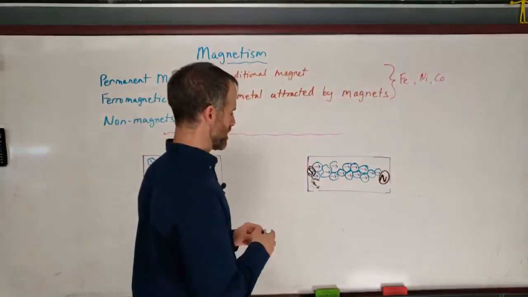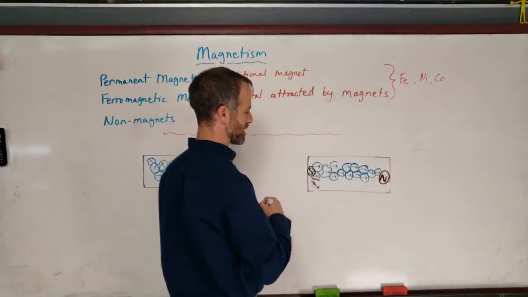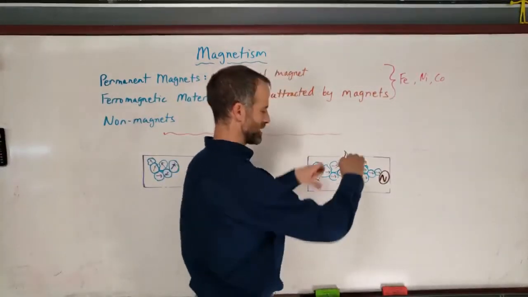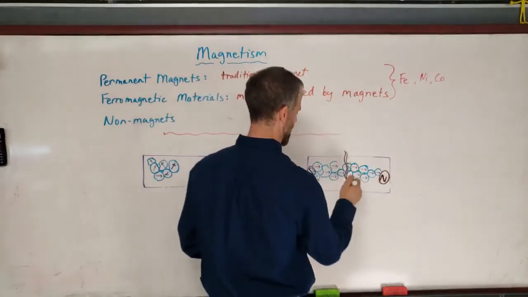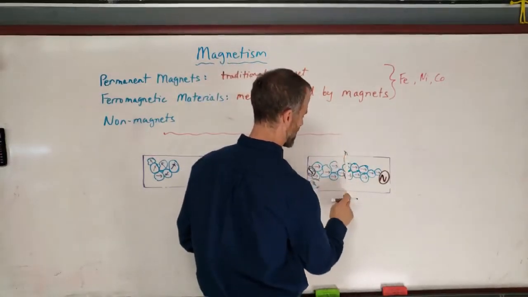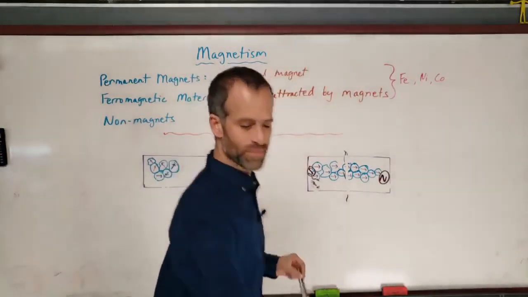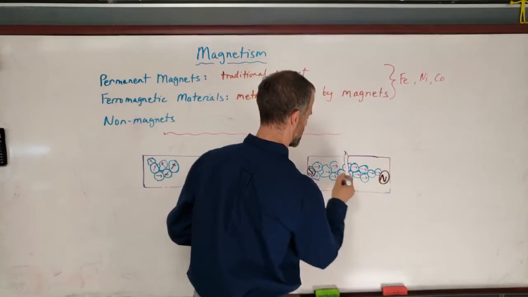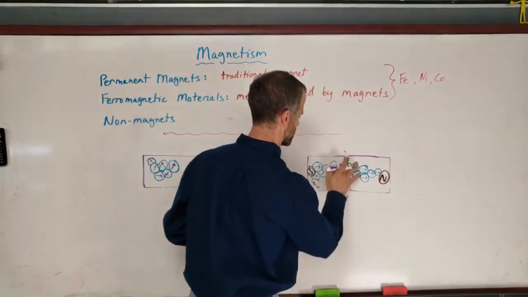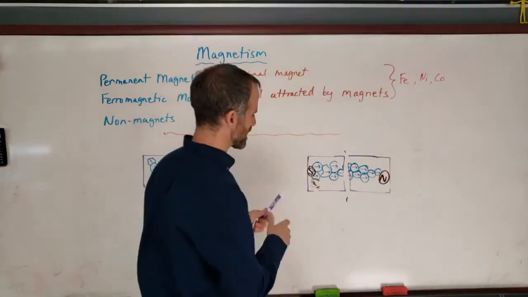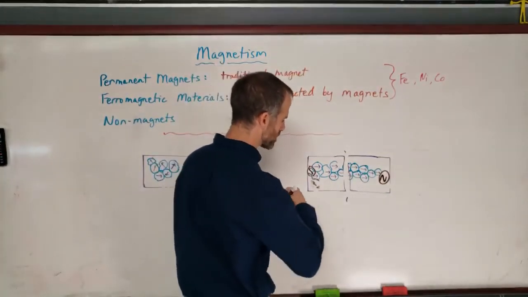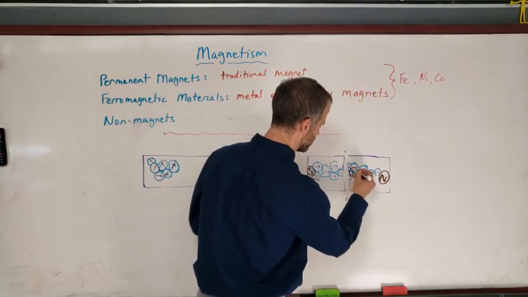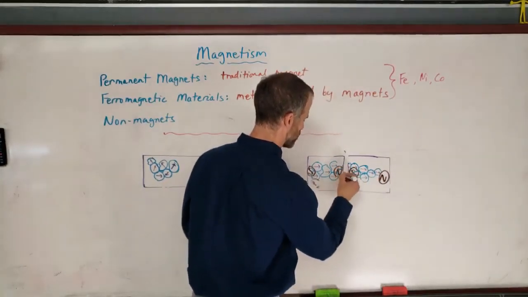The reason is, imagine I take this magnet and snap it into two pieces, so now I end up with two separate magnets. This is one magnet, and this is another magnet, okay? Well, it turns out that I don't end up with just the north pole. If you look at the alignment of the spins, this will be a new south pole, and this will be a new north pole.